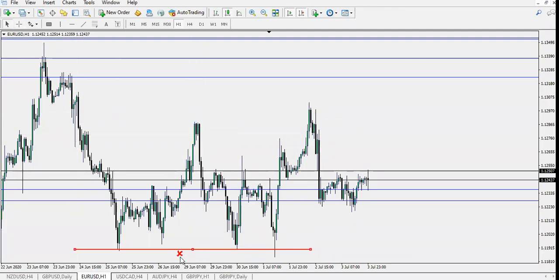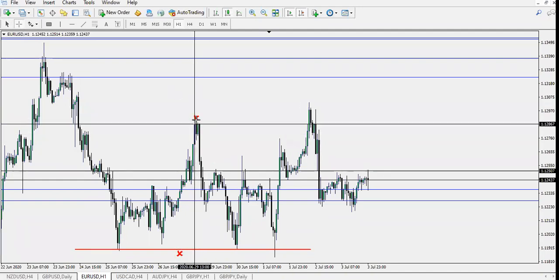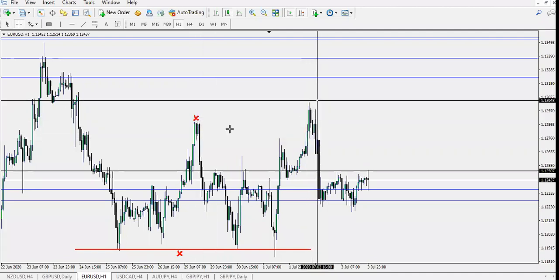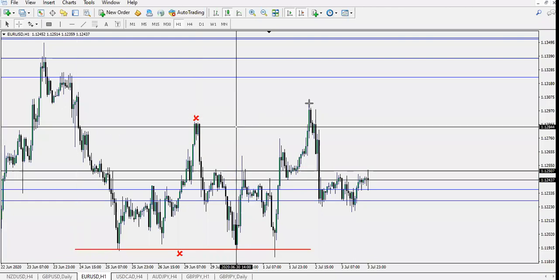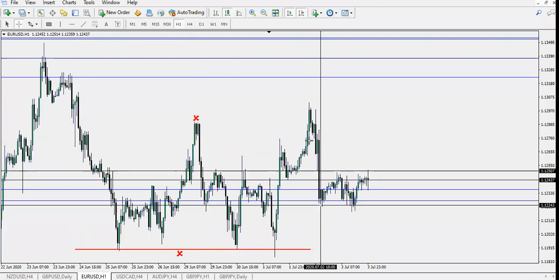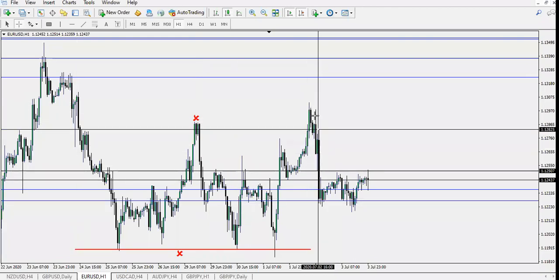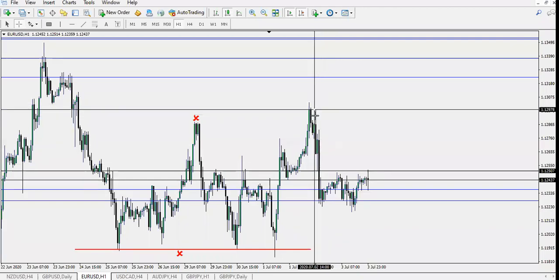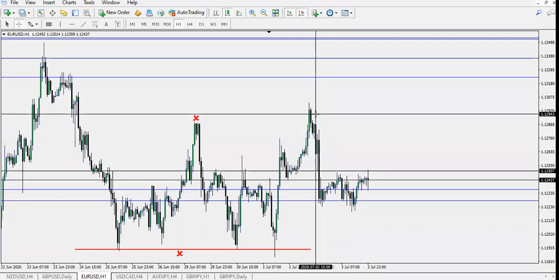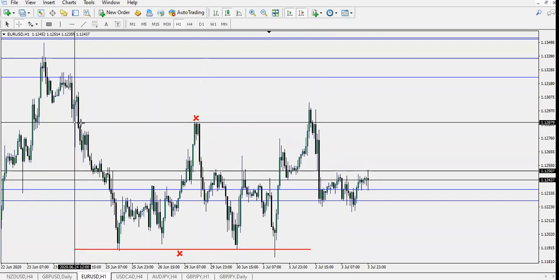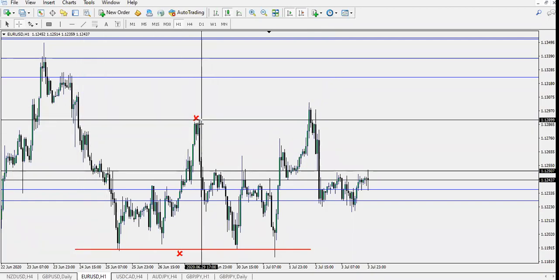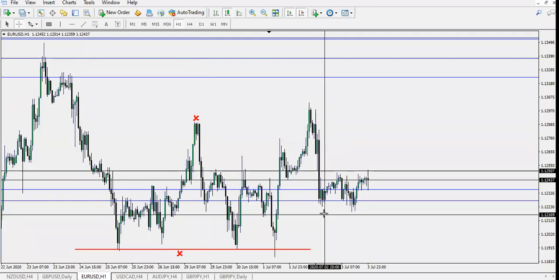There was also liquidity above these highs, so price raided the liquidity on these highs, closed this fair value gap, and price rallied down. Some will say that this is NFP news. Well, I don't read news, I don't care about news, but the reason it came up here was to close this fair value gap and take out this liquidity, and then it moved to the downside.